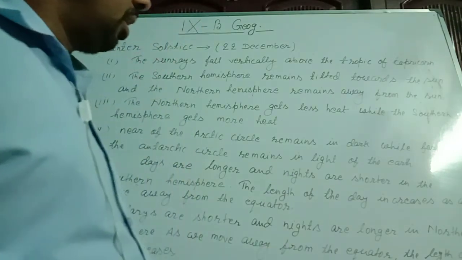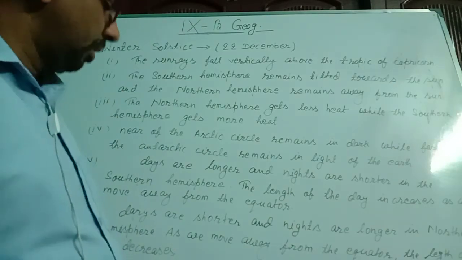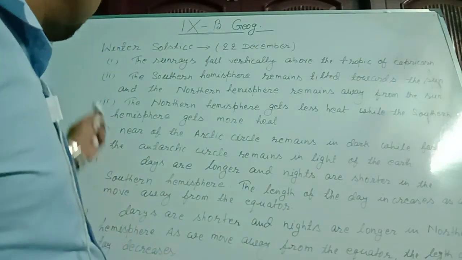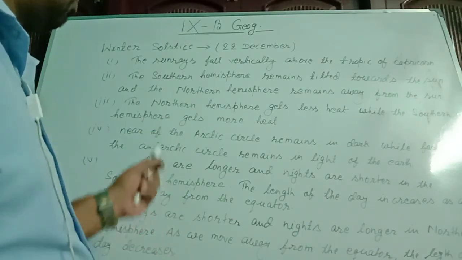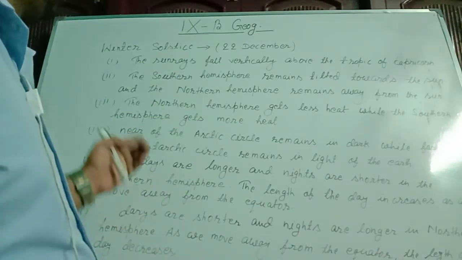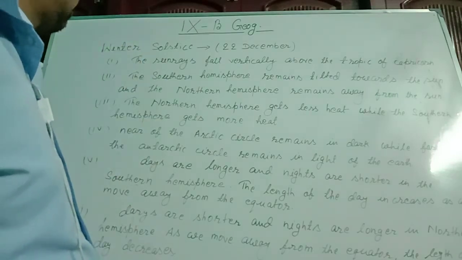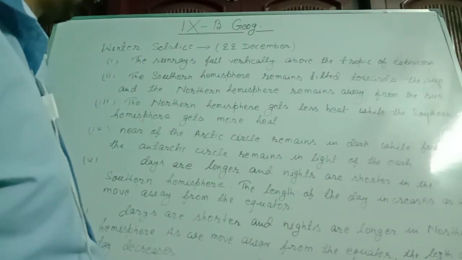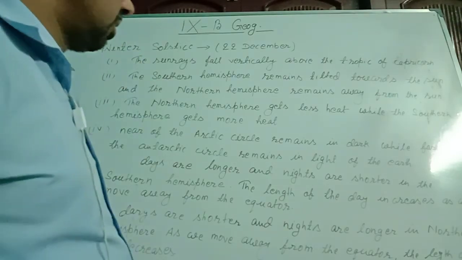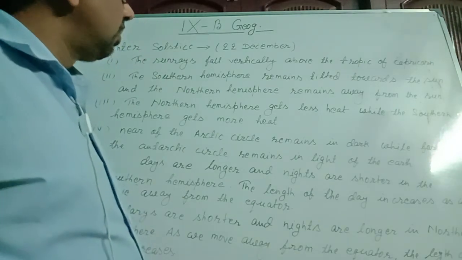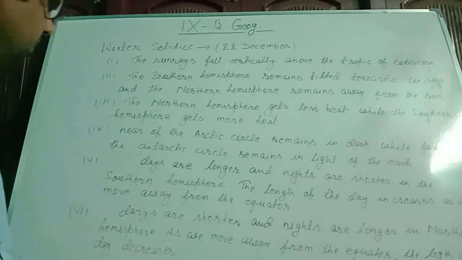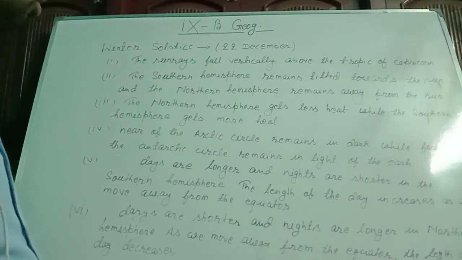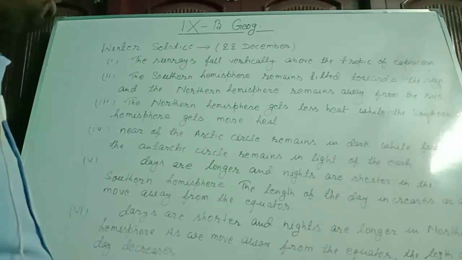So what are we seeing? Almost these points are just opposite, sometimes similar in all these 3 phenomena: equinox, summer solstice and winter solstice. So I suggest to do comparative study. If you prepare this topic through comparative study, that memory will be long lasting.